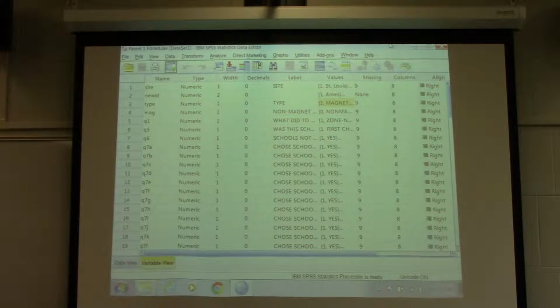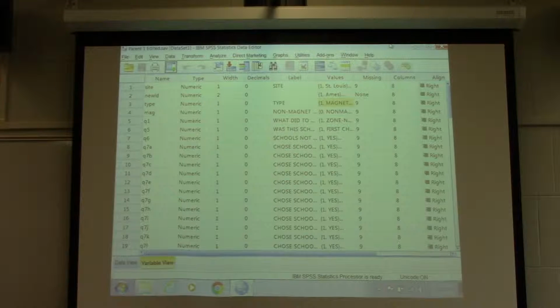So I've got parents who have kids in those two different school types. If I wanted to run an independent sample t-test, I would just say, is there a difference in teacher communication with parents between magnet and non-magnet schools? Stop. That's an independent sample t-test, and frankly, it could be an ANCOVA if I wanted it to be.